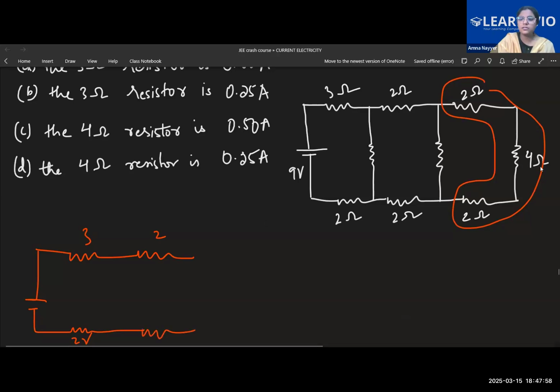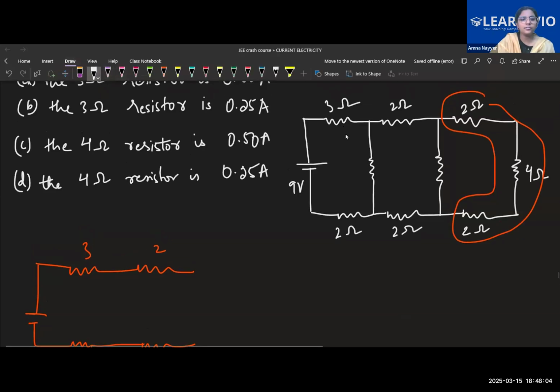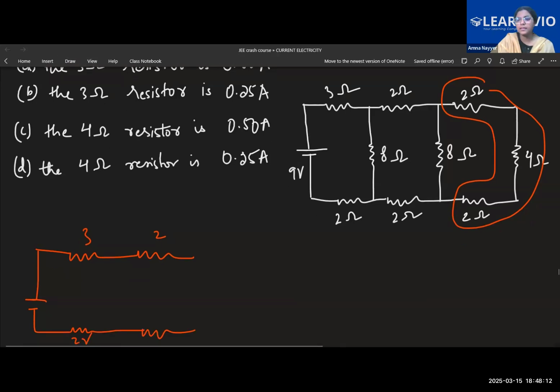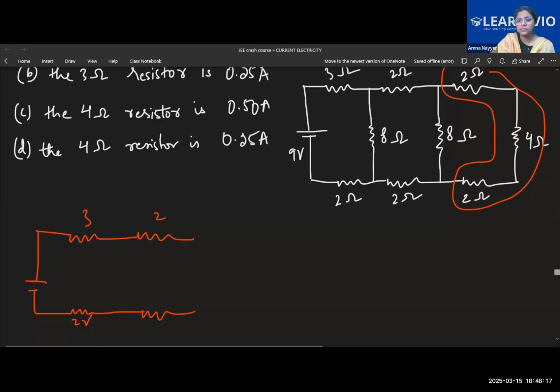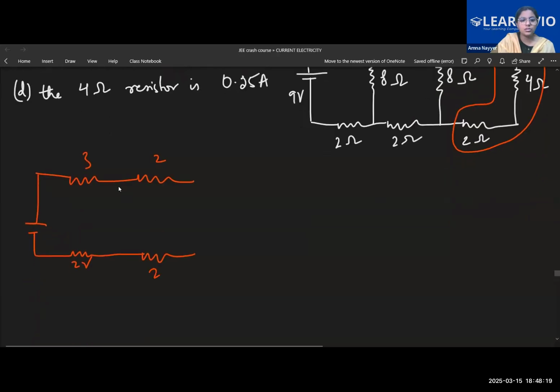And this is also 2 and this is 8. Okay, this wire I'll tell you. This is 8 ohm and this is 8. Okay, so this is 2, this is 2.